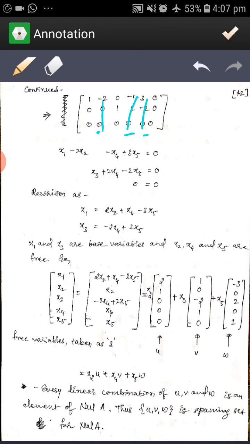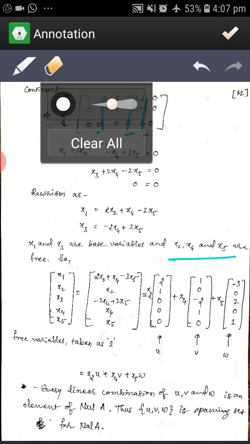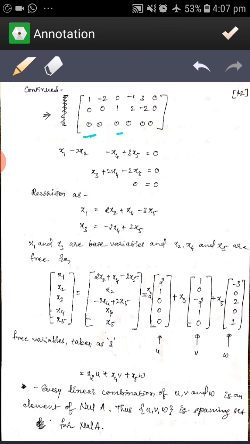Anyway, the last row is 0. As there are no pivot columns, we consider those as the free variables, and where the pivot columns are, that is x1 and x3. Those we call the base variables.